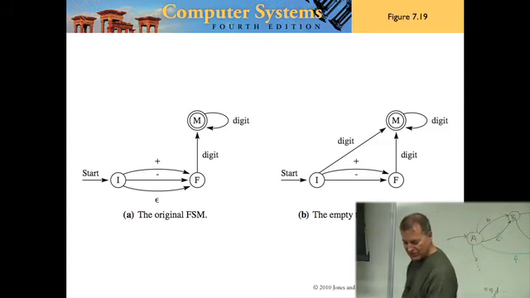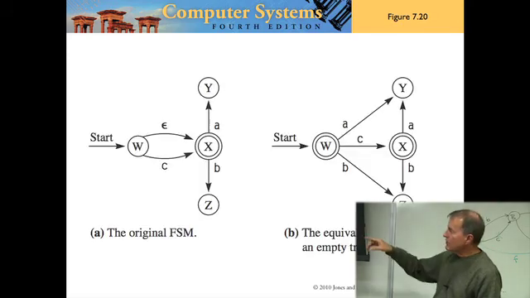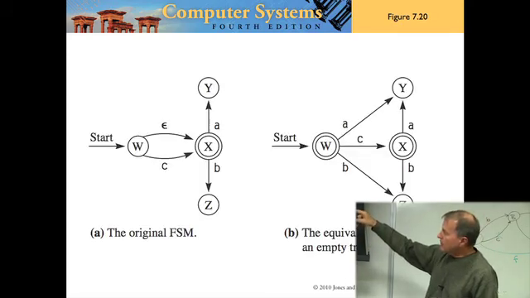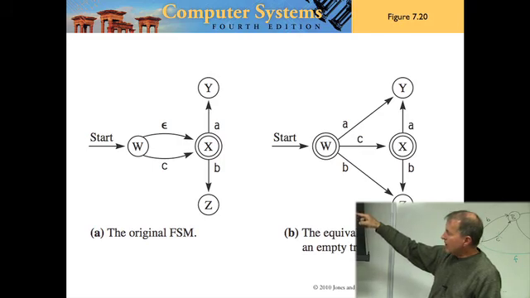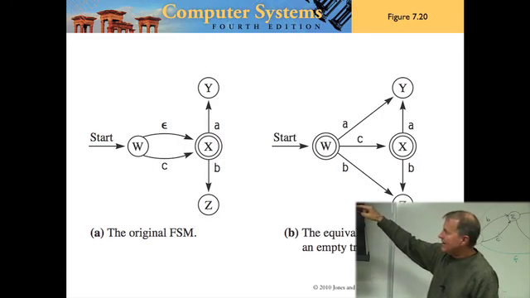And now here's yet another example that shows the final state example. So here, figure 7.20, if you go from W to X on the empty transition, well, if you're going to eliminate that transition, you have to be able to go from W to A, are you with me? And you have to be able to go from W to Y on A, right?